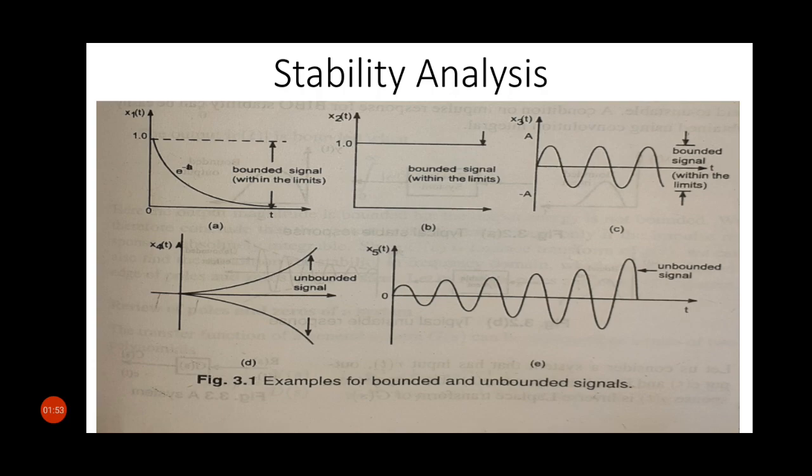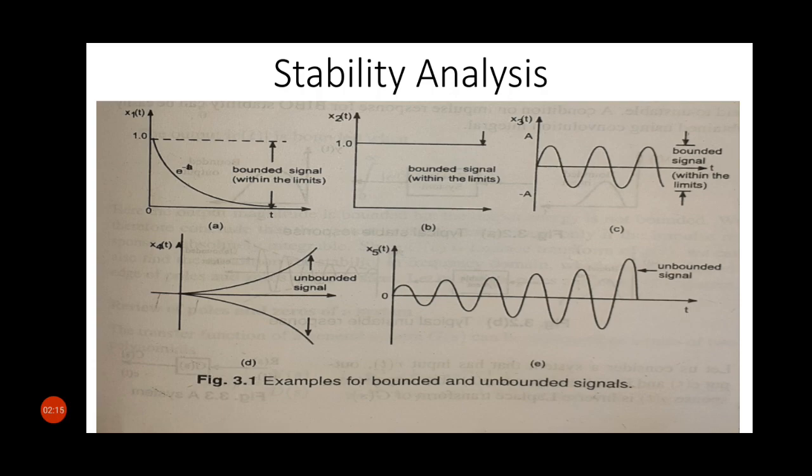Now see figure C. The sinusoidal function a sin omega t varies between two limits, plus a and minus a. This type of quantity is said to be bounded.